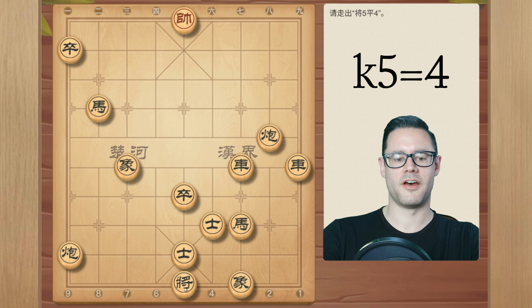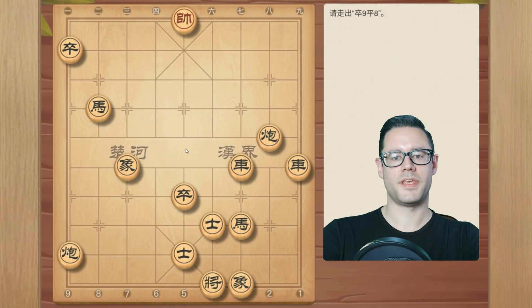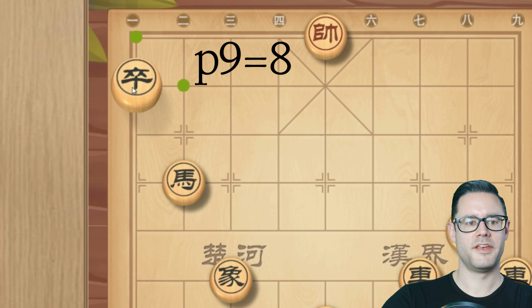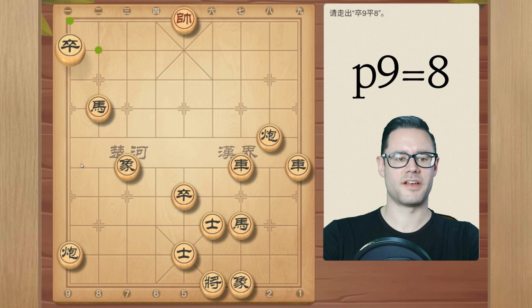So our general on file 5 moves sideways to file 4. p9 equals 8. So that would be our pawn on file 9. See, it's this one right here. Moves sideways to file 8. Remember, pawns after they cross the river can move sideways. So p9 equals 8.